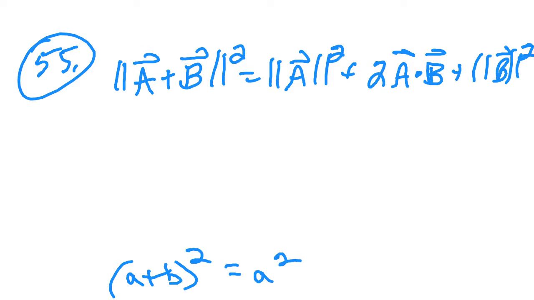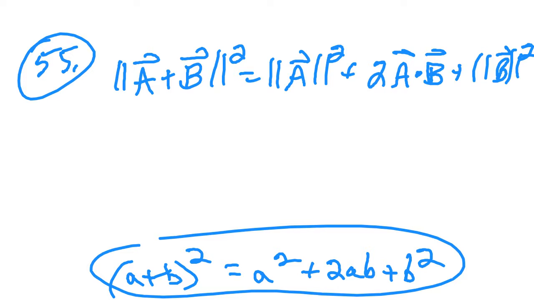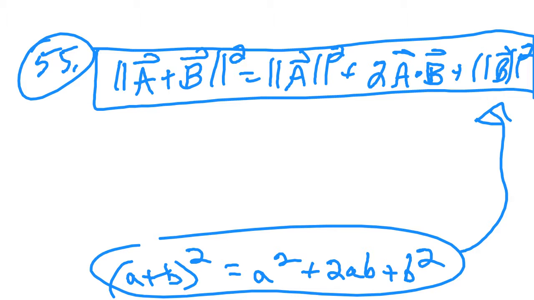And it's a squared plus 2ab plus b squared. So notice this is a one-dimensional version of a multi-dimensional theorem. That's pretty cool. So we're going to let a vector and b vector be in the same space. Could be 3 space, 2 space, 1 space, which is this one, or n space. But anyway, let's go ahead and try to prove this out.